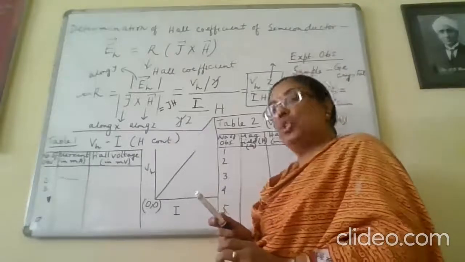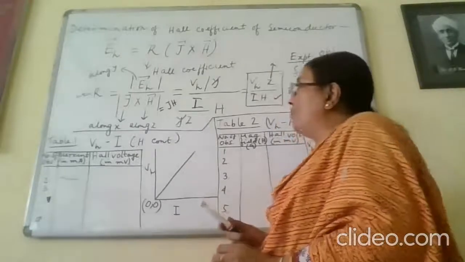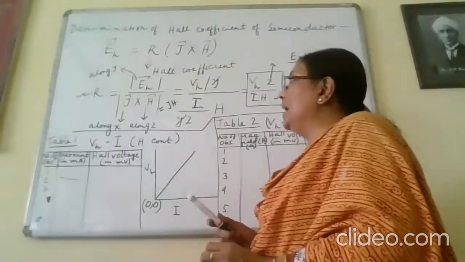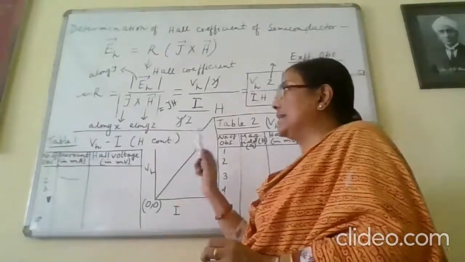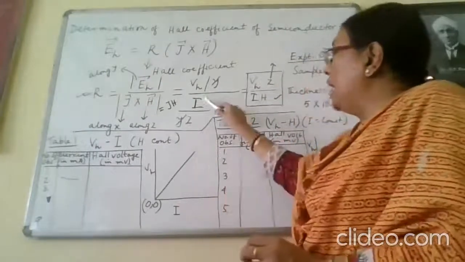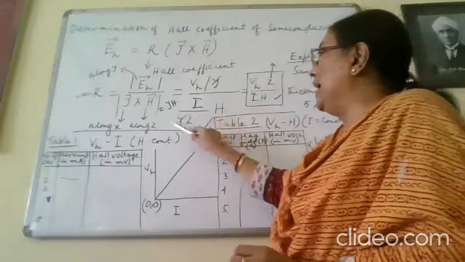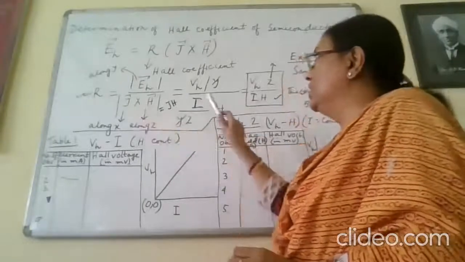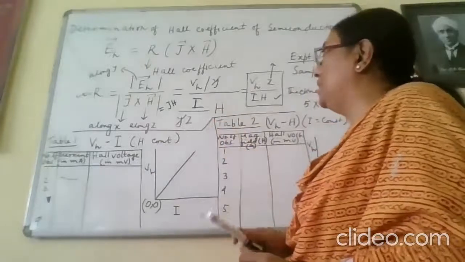What about its shape? We have taken it in the form of a cuboid, though its three sides are different. One is X, other is Y, other is Z. So I by YZ is the area corresponding to the current flowing along X.